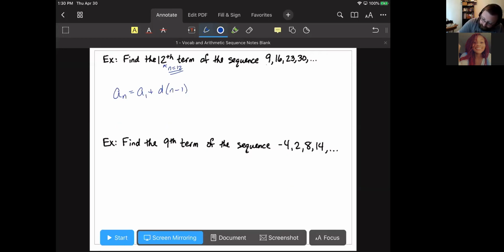We know the first term in our sequence is 9. And we can see the pattern is that we are adding 7 each time, which means our common difference is 7. So we're going to take those values and plug them into our equation.